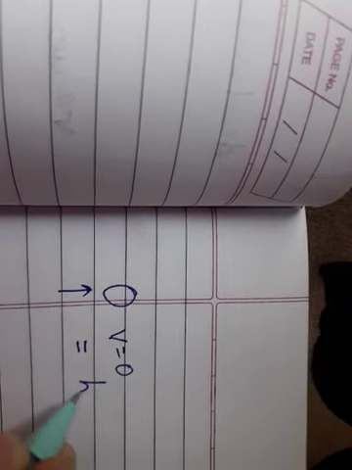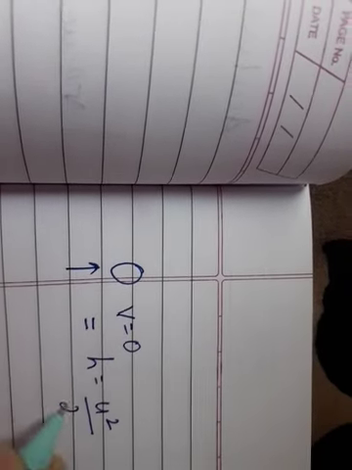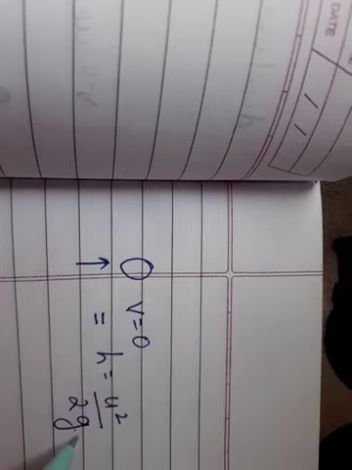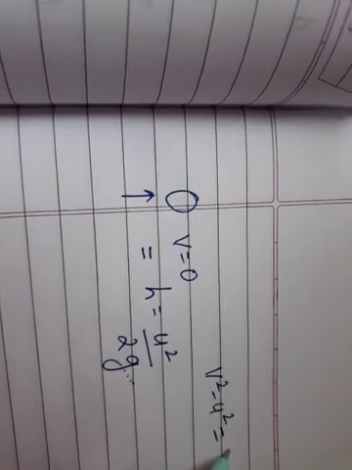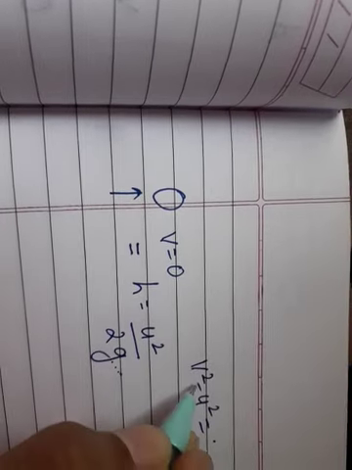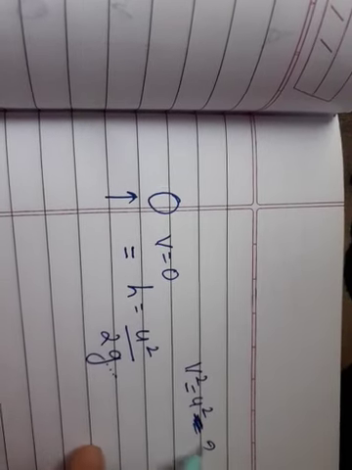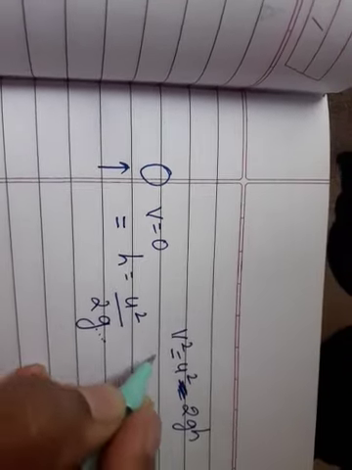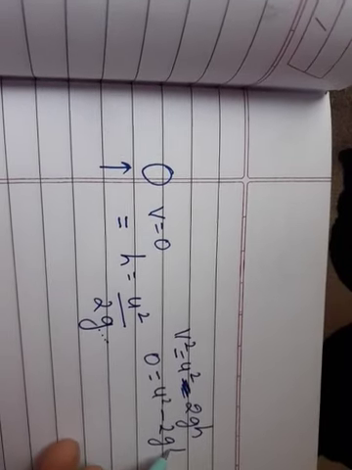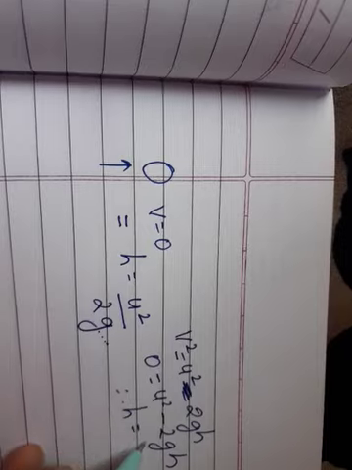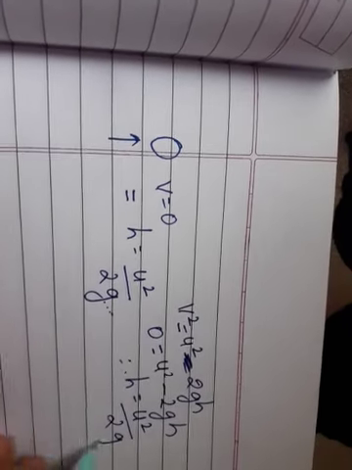When it reaches the final velocity v equals 0, the height is nothing but u square upon 2g. How did we get this? From the equation v square equal to u square minus 2gh. Here v is 0, so 0 equals u square minus 2gh, therefore h is nothing but u square upon 2g.